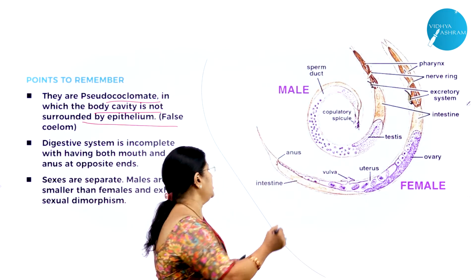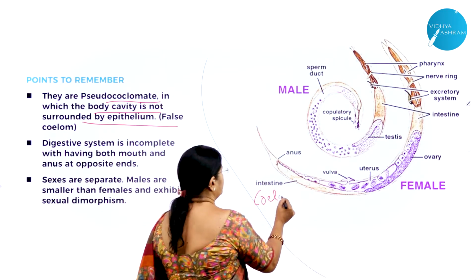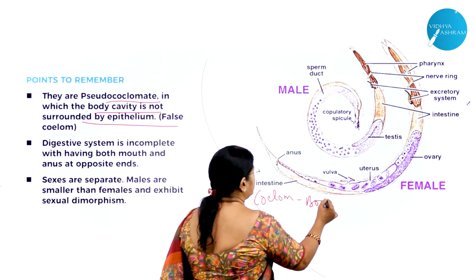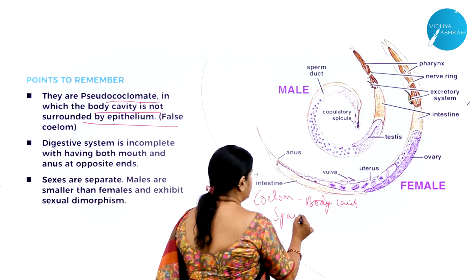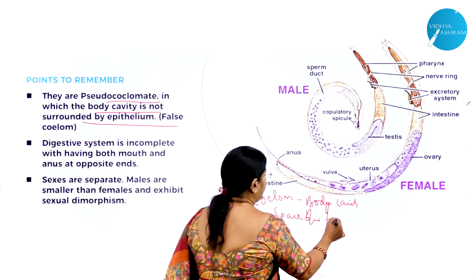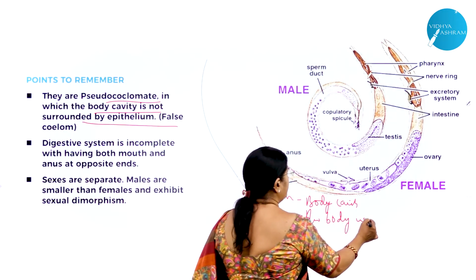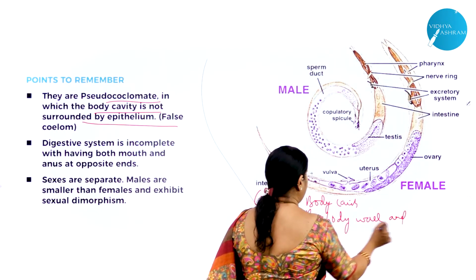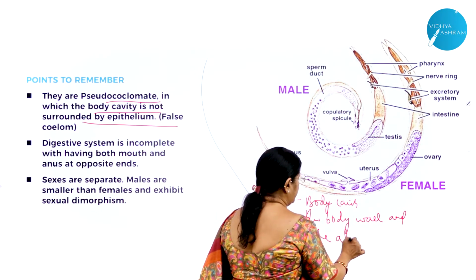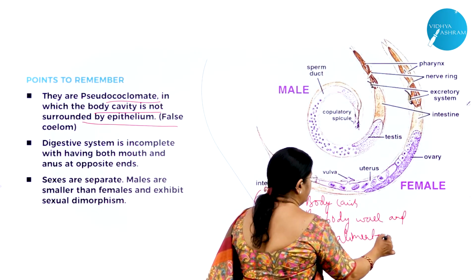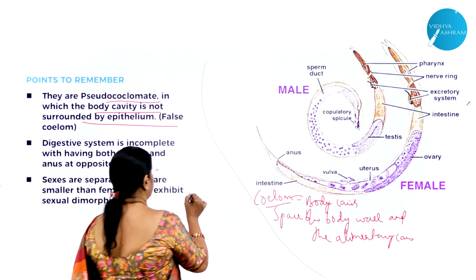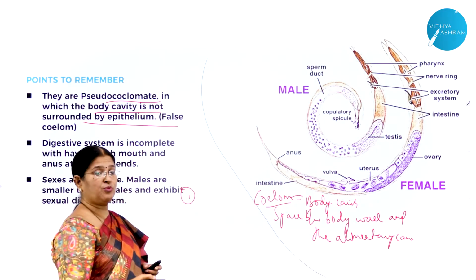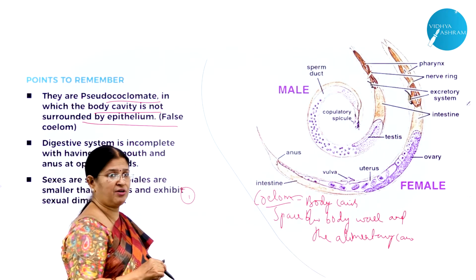Hope you remember coelom. Coelom is nothing but the body cavity, that is the space between the body wall and the alimentary canal. So you have studied in the first session what the basis for classification of the animal is.